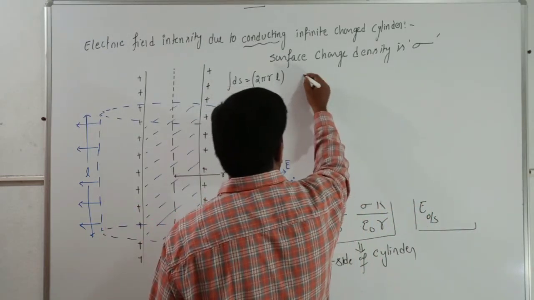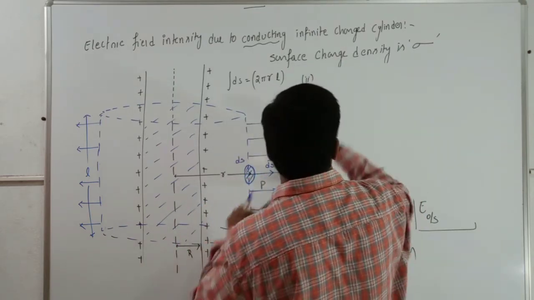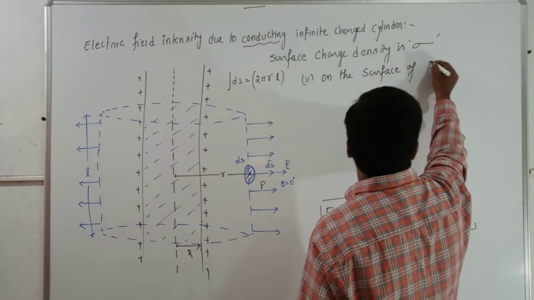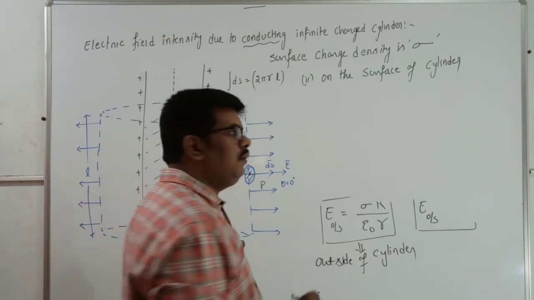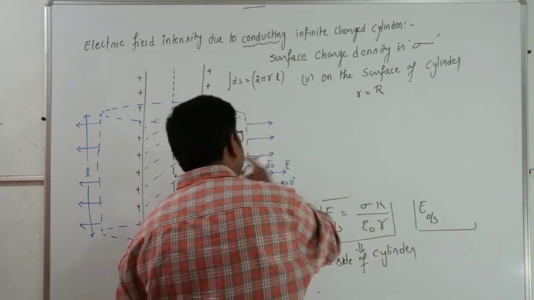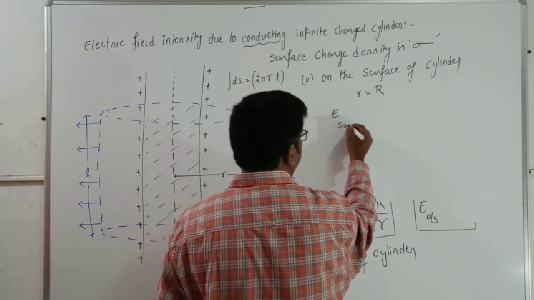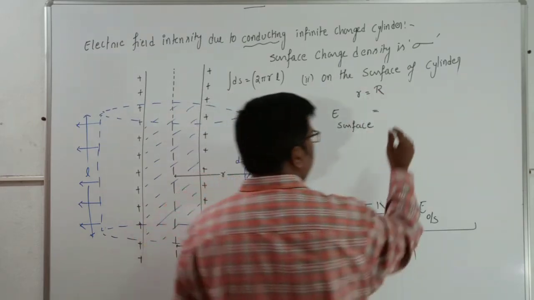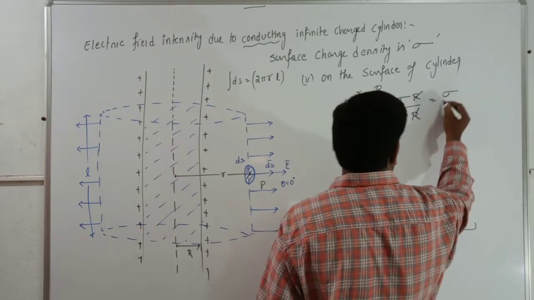Second one, on the surface of the cylinder. If we take small r equal to capital R, how does the expression change? In place of small r we write capital R, so E equals sigma R by epsilon naught R, which is sigma by epsilon naught.